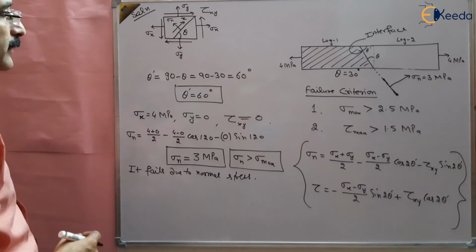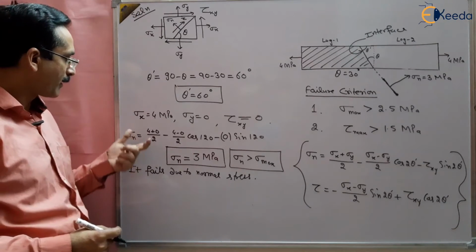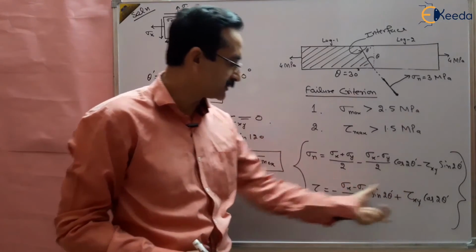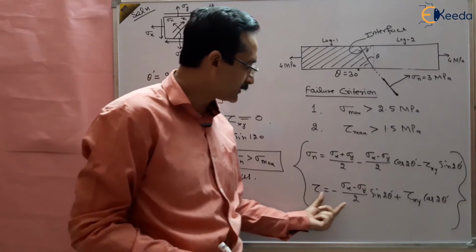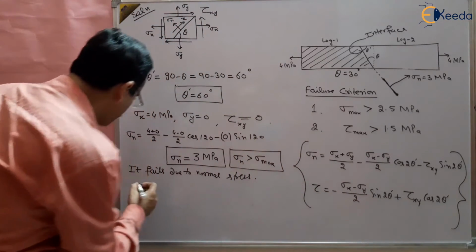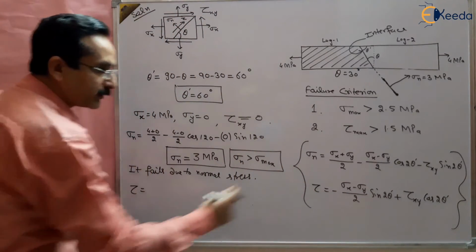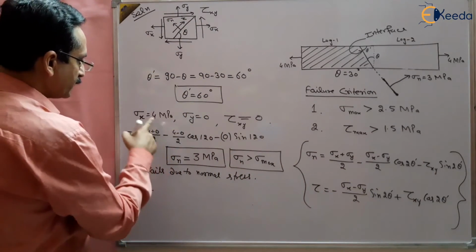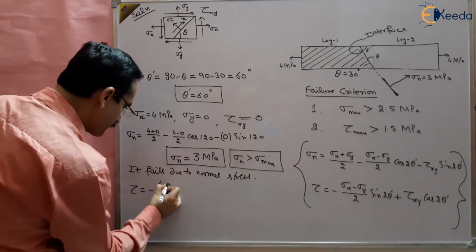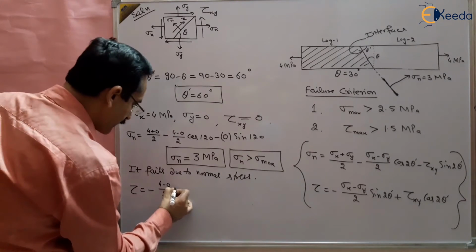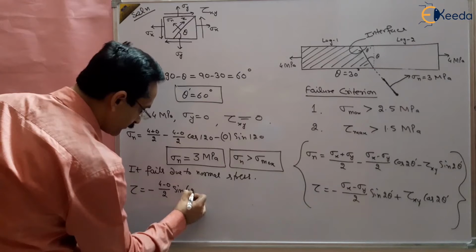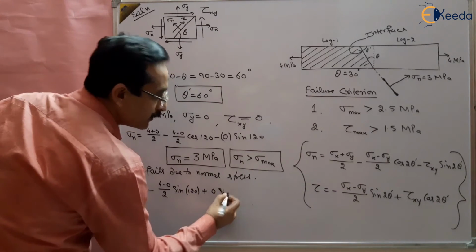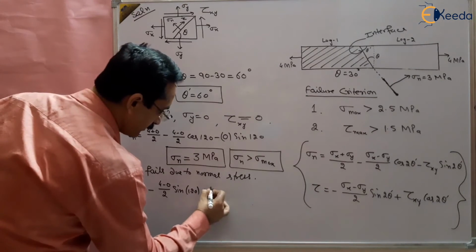Now next, shear stress. We want to find out the shear stress. Tau is equal to this thing, so we can put the value of tau. It will come out to be (sigma x minus sigma y) by 2, so (4 minus 0) by 2, times sin 120, plus tau, which is 0, times cos 120.